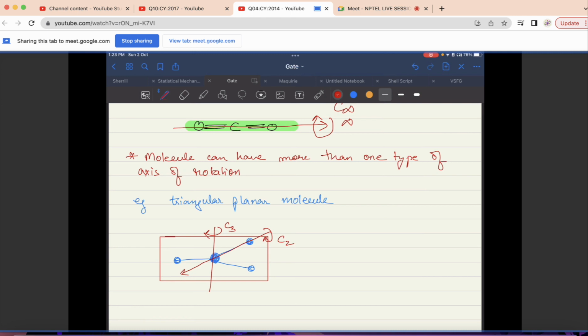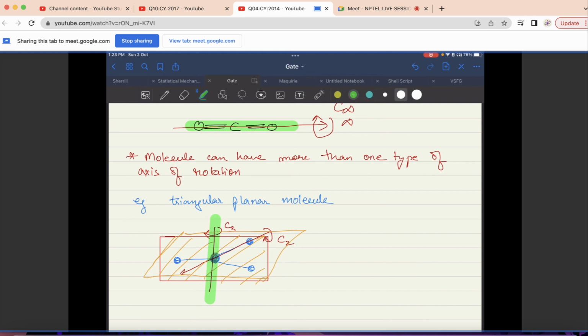Let's say this is a horizontal plane, and the molecule is lying on the plane horizontally, and you can see that there are 2 axes of rotation I have drawn. One axis of rotation is here.